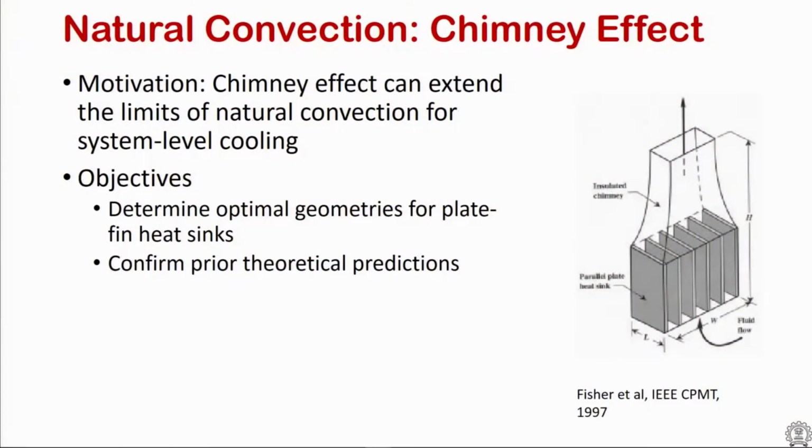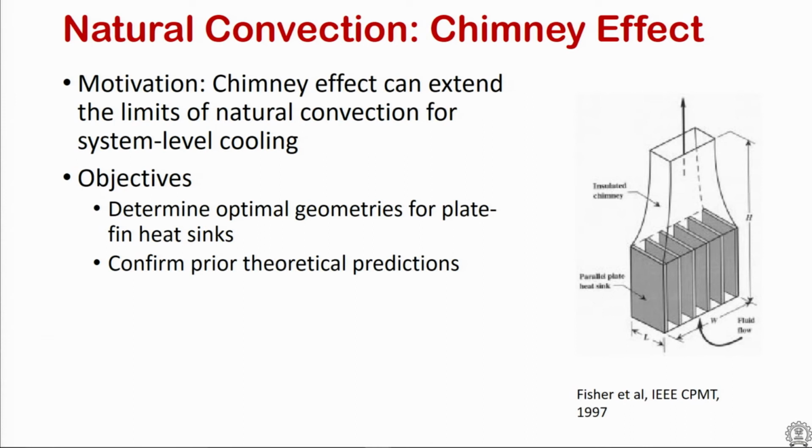For example, let us look at this situation. We will not go into the details. This is a paper from Fisher et al., published back in 1997. You have a set of parallel plate heat sinks, and on top of it you have some sort of chimney placed.